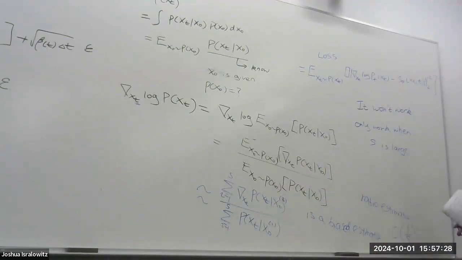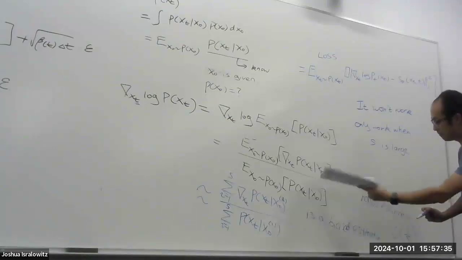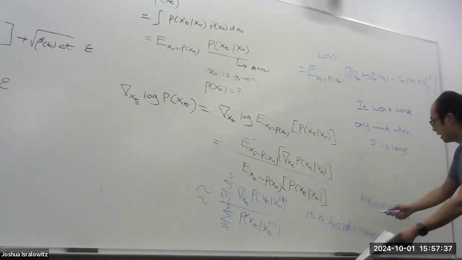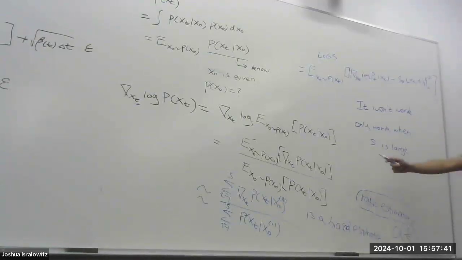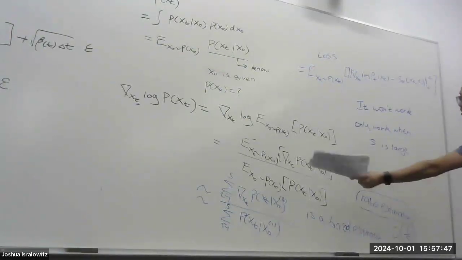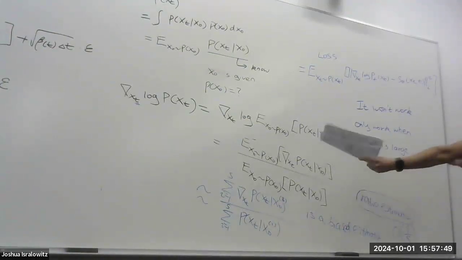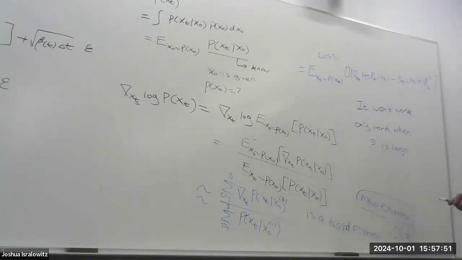So the S here is the batch size? It's the mini batch size. Then this is bad. If you don't know why this is biased, you can look up on Wikipedia what a ratio estimator is. So if this gradient is biased, of course this training will be bad. It won't work.